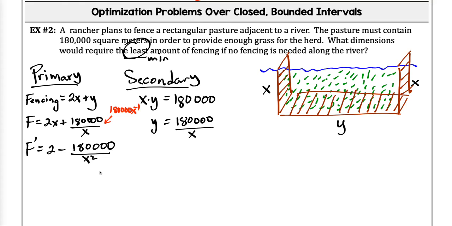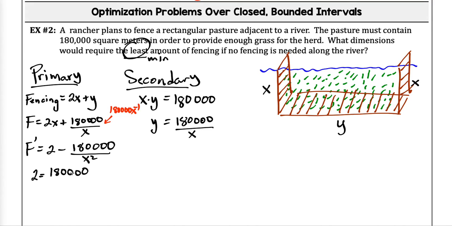Luke. Ooh, perfect. I wanted to just say it and see who's going to answer first. You set that equal to 0? Good. Make it equal to 0 or undefined. Okay. So if we make it equal to 0, we would add one term, and so it's just 2 equal to 180,000.